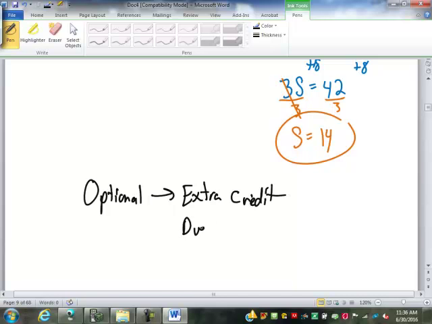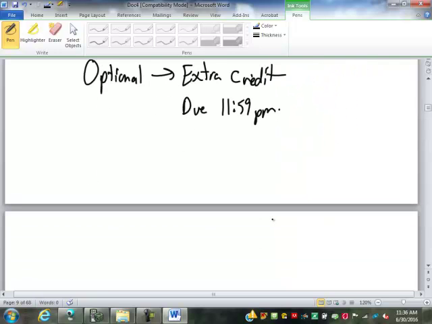It would be due at 11:59 p.m. tonight if you choose to take it. What I do with that one is whatever score you get on that one, I use it to replace your lowest other quiz score if that other quiz score is lower. If it's lower than any of your other quiz scores, I pretend it never happened. But I won't do that till the end of the semester. So it's worth it to have there in case you struggle with a quiz later.